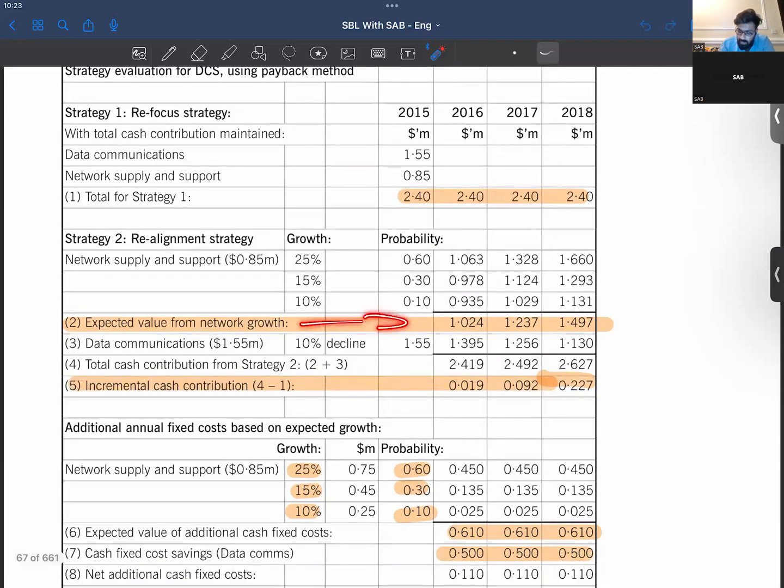So the expected value of the network growth. If anyone has covered F9, or I'll say FM exam, or AFM exam, it would automatically give you the idea of expected value, right? Similarly, for data communication, they have assumed a 10% decline. So the incremental cash contribution in this strategy is this.